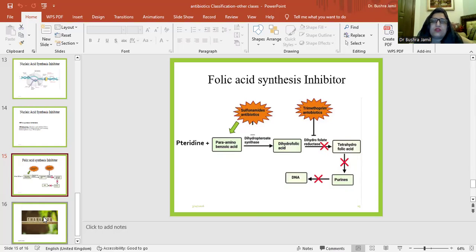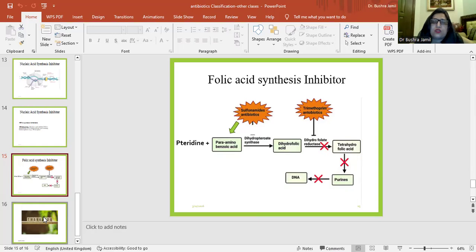There are two categories of folic acid synthesis inhibitors. The first one is sulfonamides. Sulfonamides are structural analogs of PABA. They have a very close symmetry to para-aminobenzoic acid.